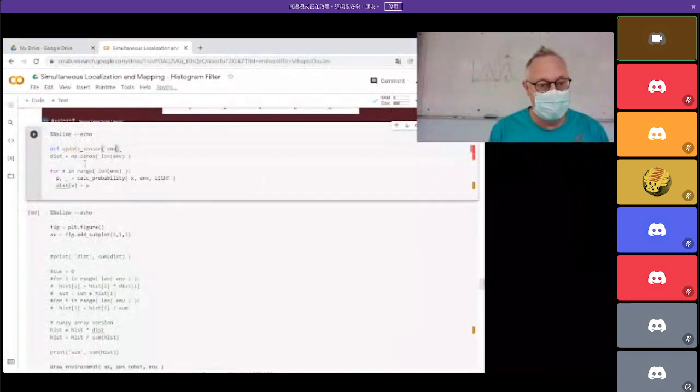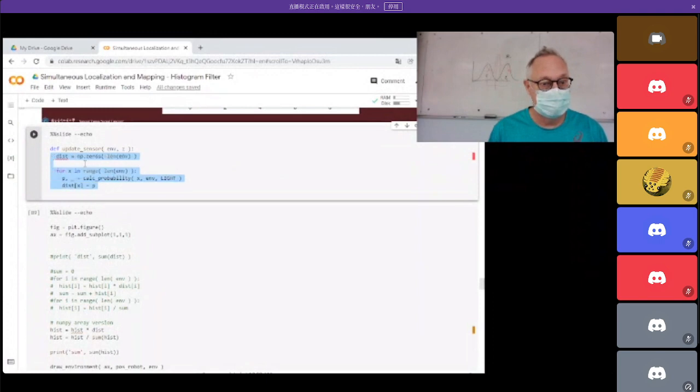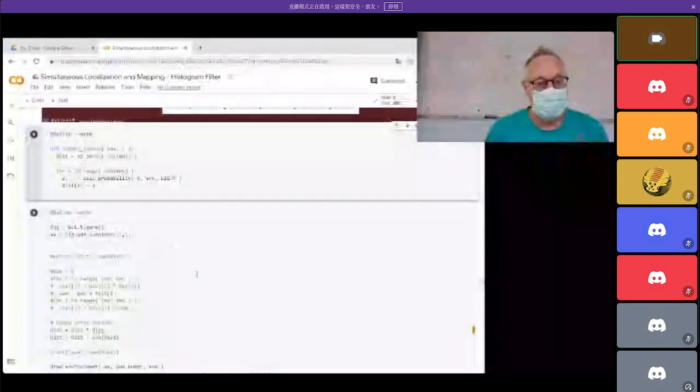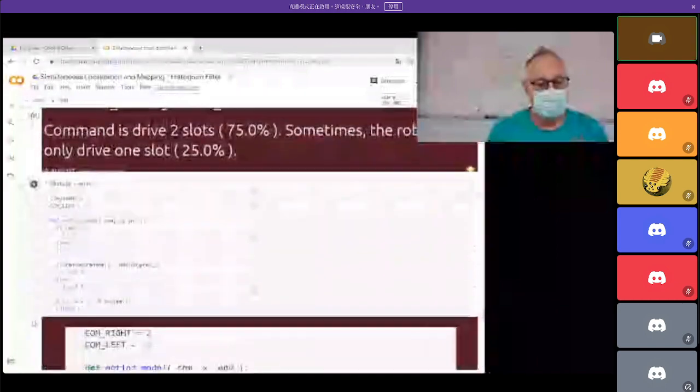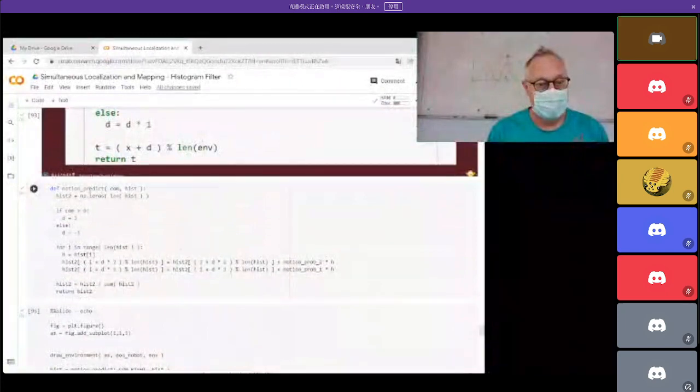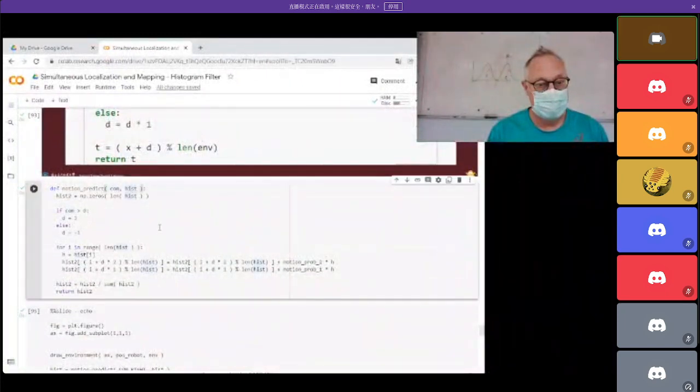So update the sensor with the environment and the reading set. And I want to make it symmetrical to motion predict. Home history.